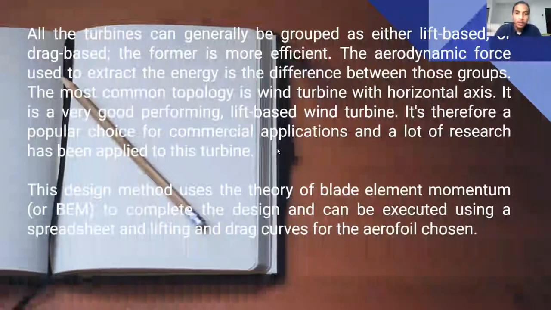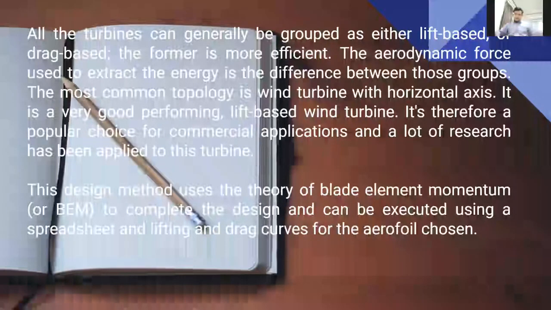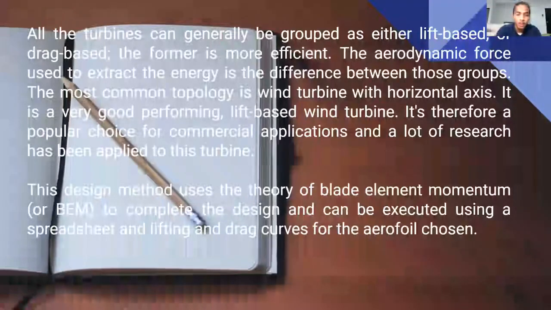This design method uses the theory of blade element momentum, which is BEM, and the second one, which is blade element theory, to complete the design and can be executed using a spreadsheet and also the lift and drag curves for the aerofoil chosen.